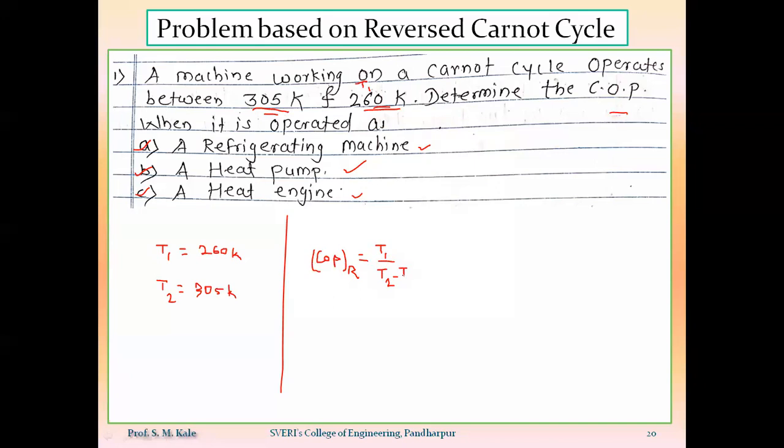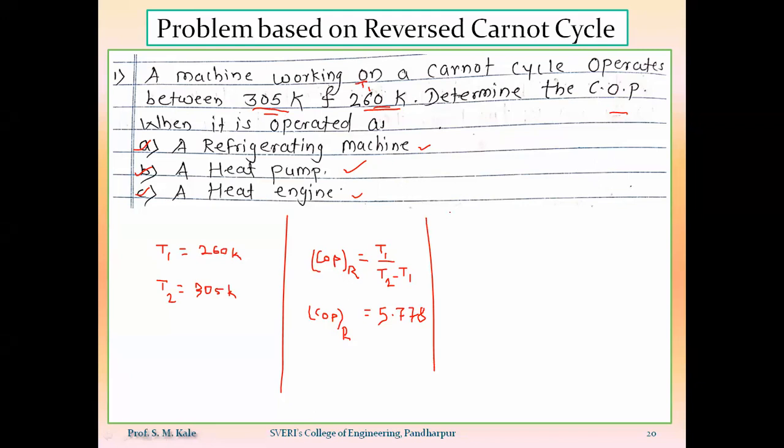Put the value of T1, put the value of T2, and you will get the value of COP of refrigerating machine. It is 5.778. This is the value of COP of refrigerating machine.